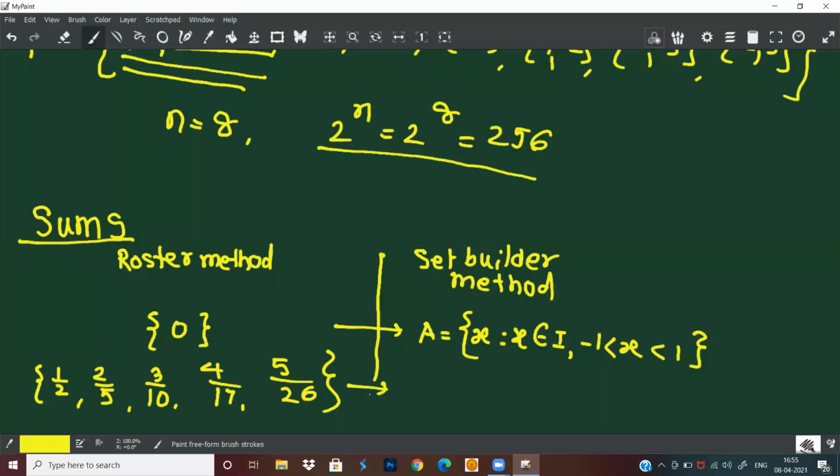Absolutely correct. Now what is this? Suppose I call this set B. On top there are all natural numbers, 1, 2, 3, 4, 5. Below is the square of the same natural number plus 1.